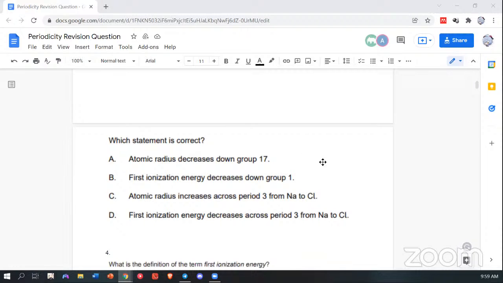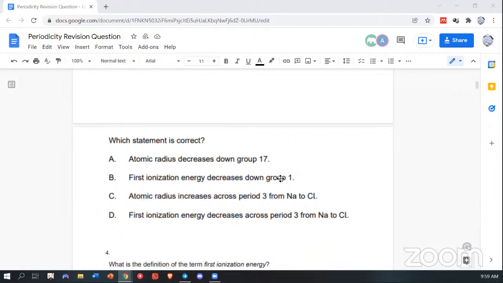Kalau ada yang pernah belajar masa SPM, going down dia akan tambah size macam mana, go to right dia akan kurang size ke macam mana. But then save that for later. So let's see. Okay, so C ni salah lah kan? Faham kan? Senang je kan?